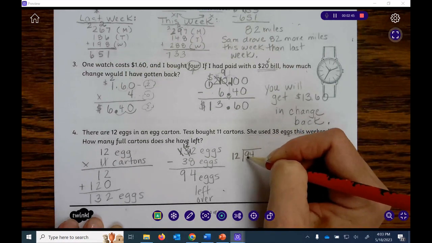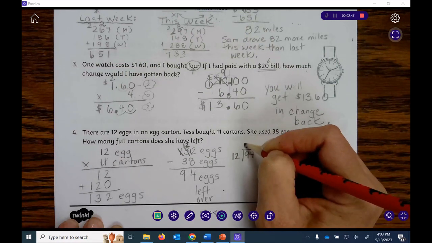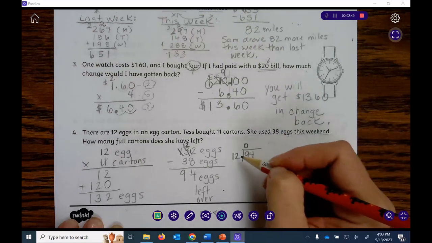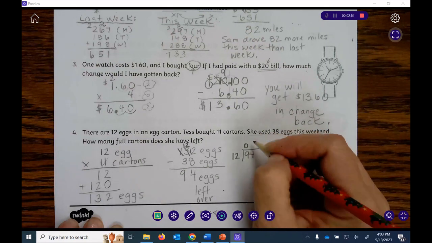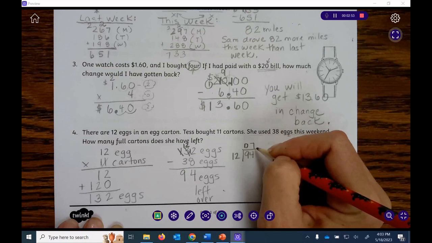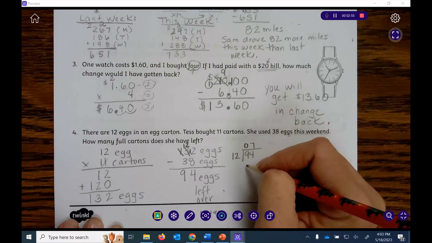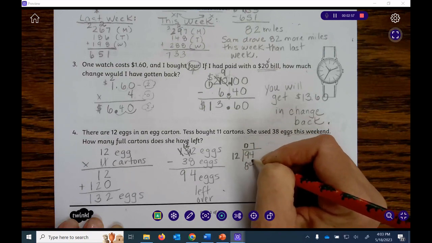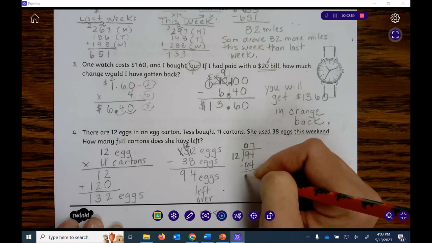12 cannot divide 9, so I add a 0 above the 9. 12 can divide 94 7 times. 7 times 12 equals 84. And I subtract, and I get 10 left over.